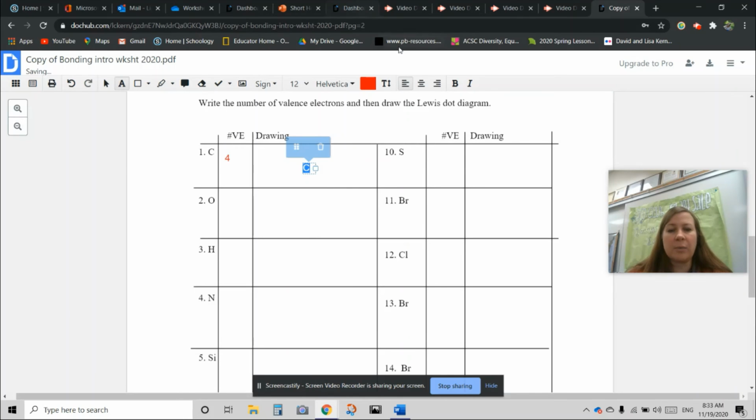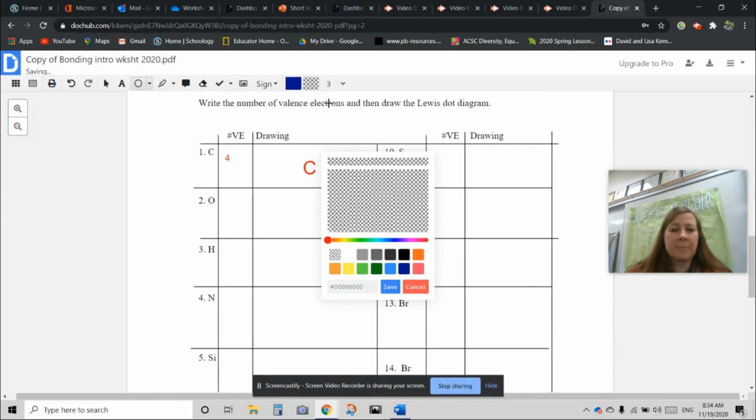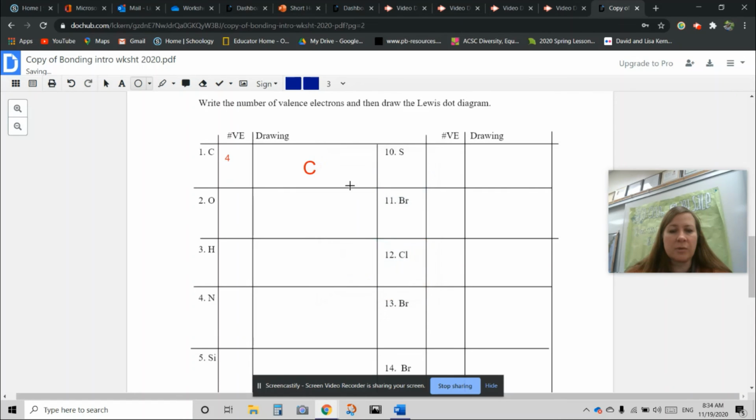I want that carbon to be bigger, so I'm going to go up here to my font size, and let's go a little bit bigger. Then I can move it around by clicking here. Okay, so that's good. Now I need to draw some dots. Here I've got circles. I think I want them filled in, so we'll do blue circles. 4 of those.